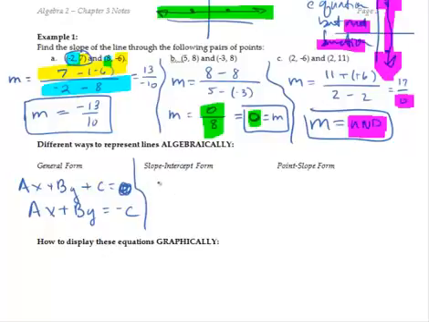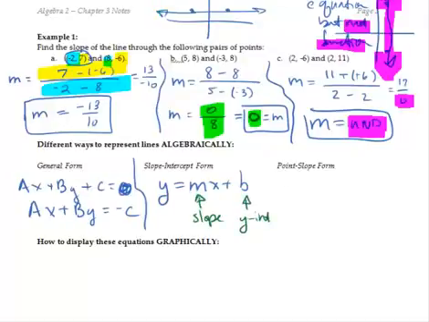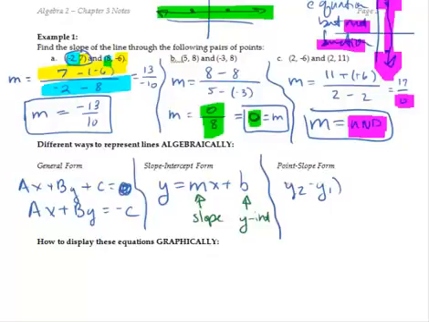Slope-intercept form is y equals mx plus b, where m is your slope like we just saw in our equation above, and b is your y-intercept, which we talked about on your first page. Then we also have point-slope form, y2 minus y1 equals m times x2 minus x1.